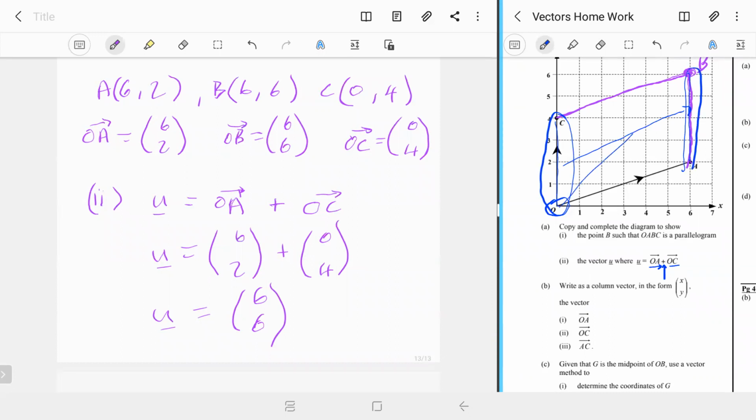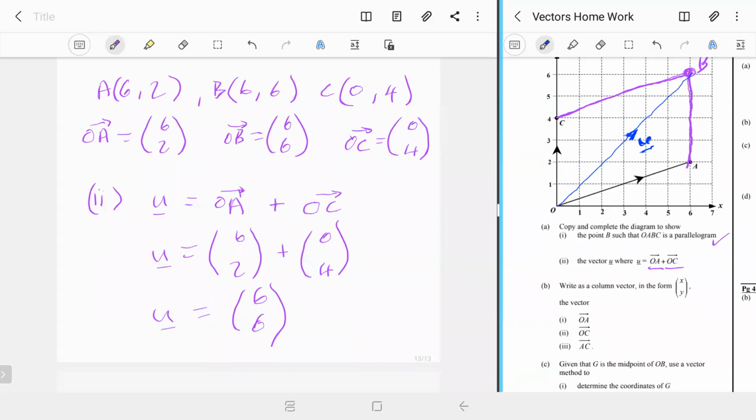So the resultant is that, as I just explained. At the end of the day, the vector that they want us to show is the vector from O to B. That vector is U, and it's the same vector OB.